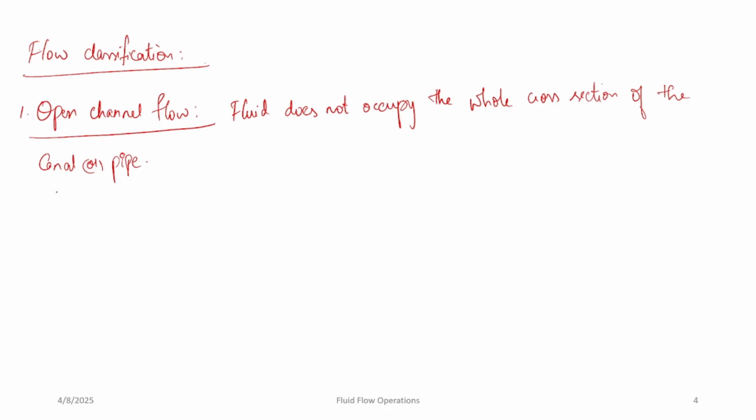Examples: flow in canals or vented pipelines, which are like drains or sewers.